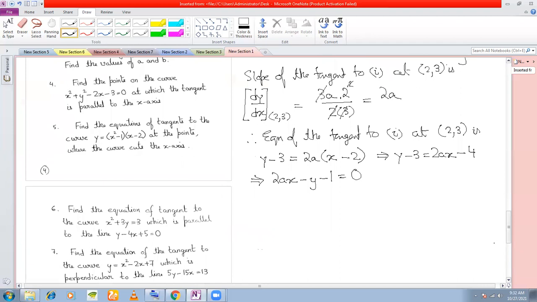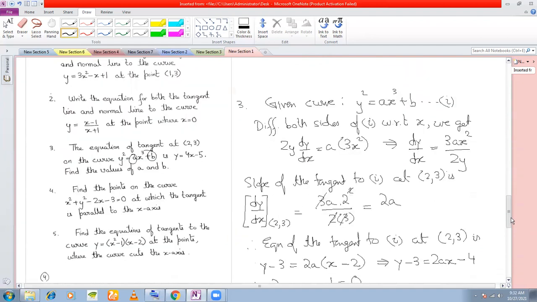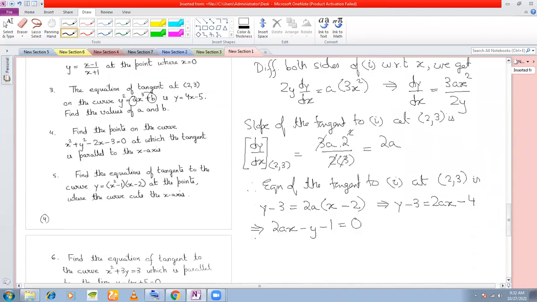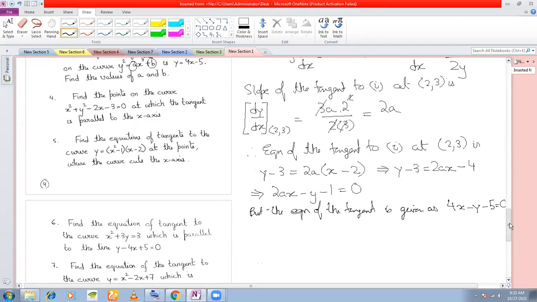But what is the equation of the tangent given to you? The equation of the tangent given to you here, if you see, is 4x minus y minus 5 is equal to 0. I have written it in the general form.